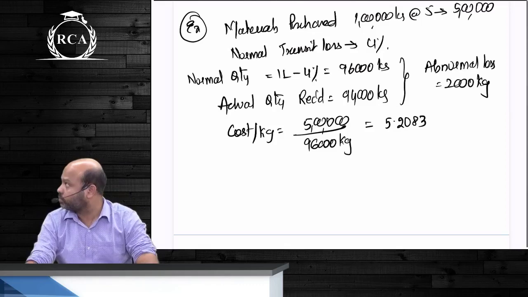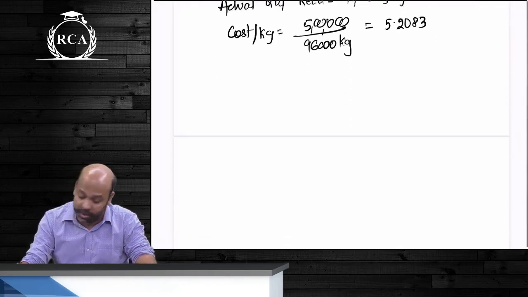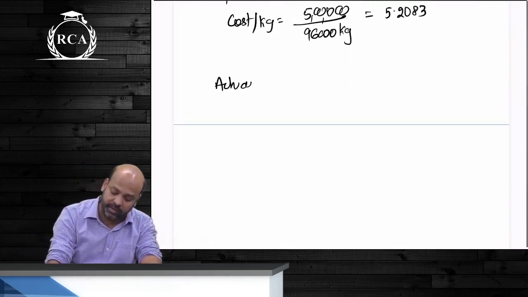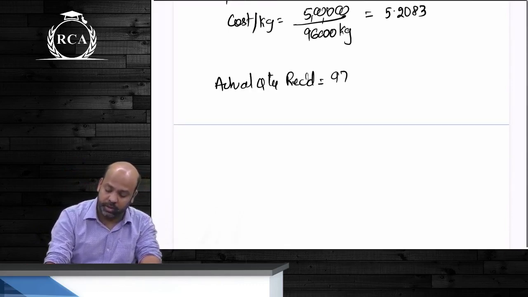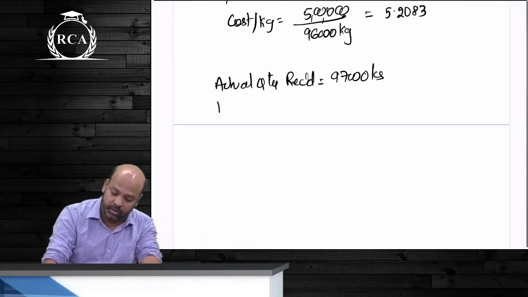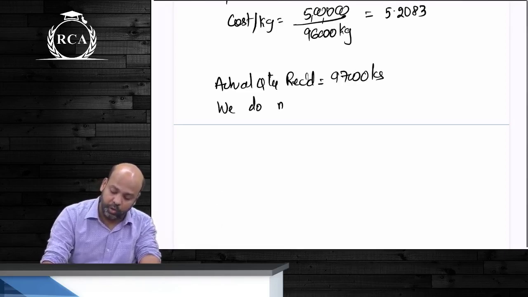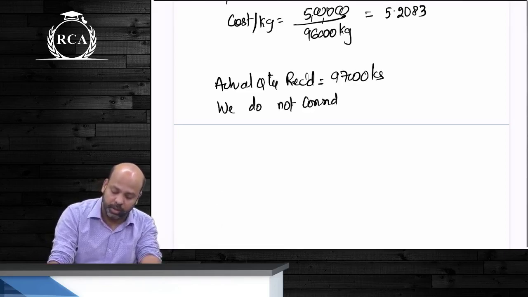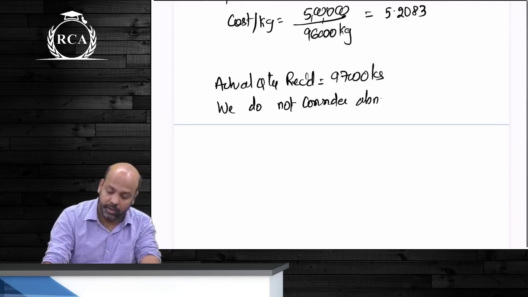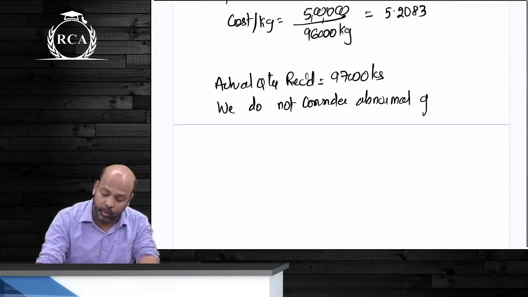Now what if the actual quantity received is 97,000? Then just write, we do not consider abnormal gains in procurement of materials.